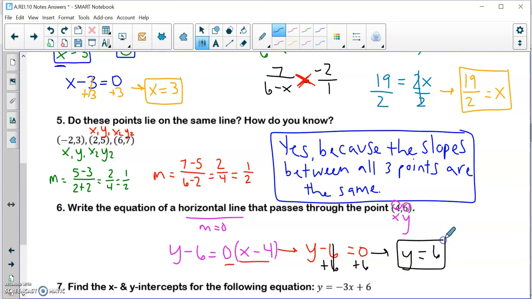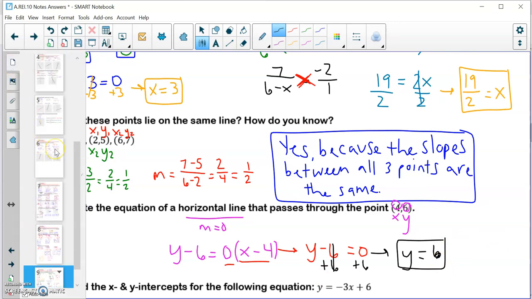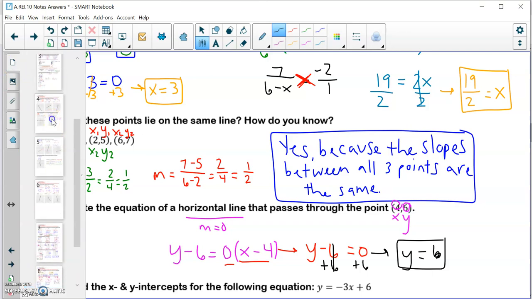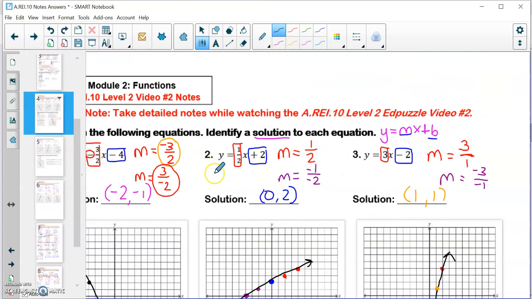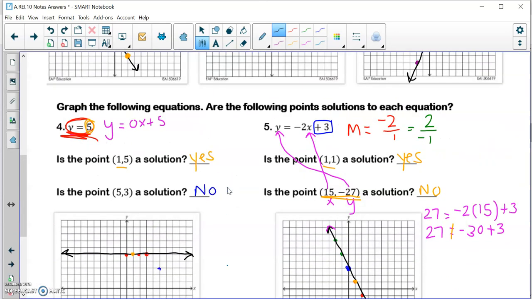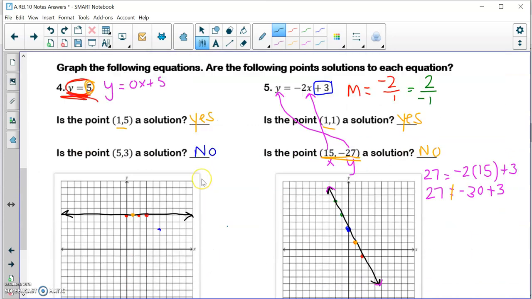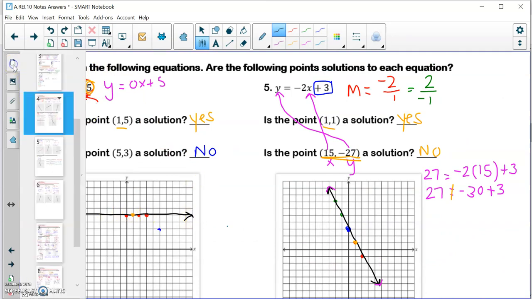Which you already should know that this is the type of equation you get with a horizontal line, because if I go all the way back to, what problem was that? If I go all the way back here to problem number 4 on level 2 video 2, we see that when you have y is equal to a number, you get a horizontal line on the graph.